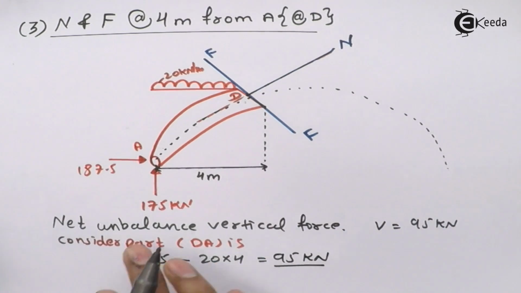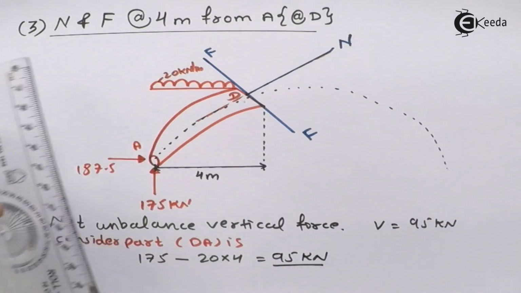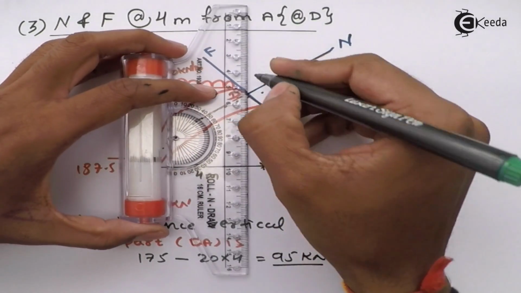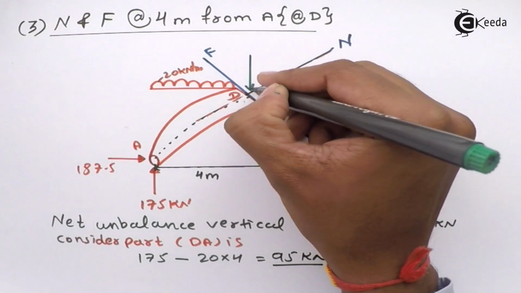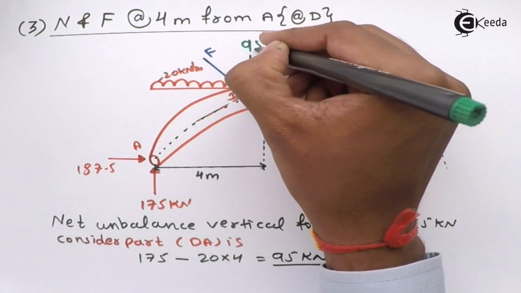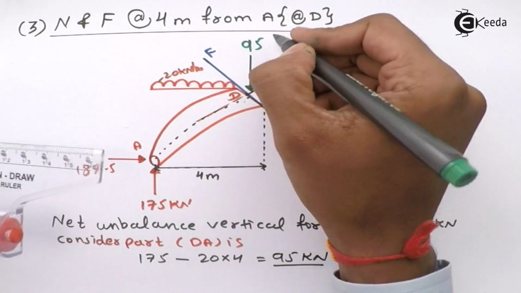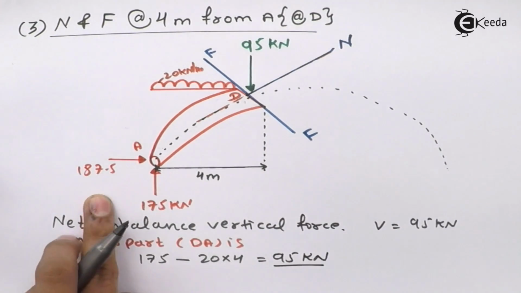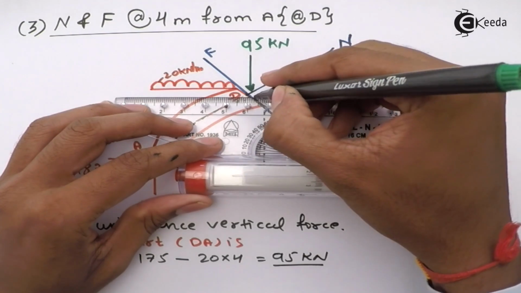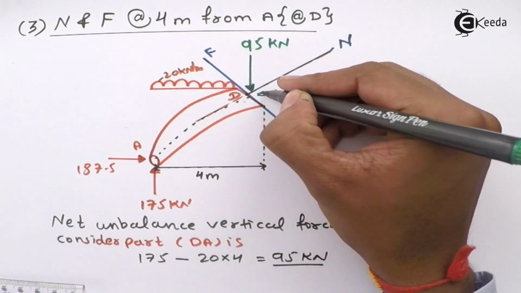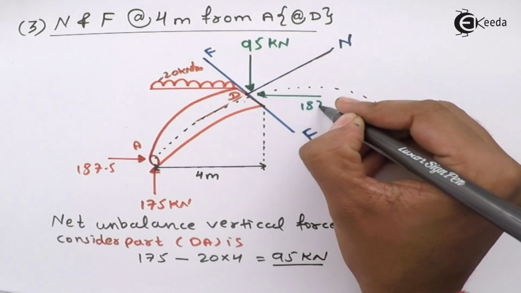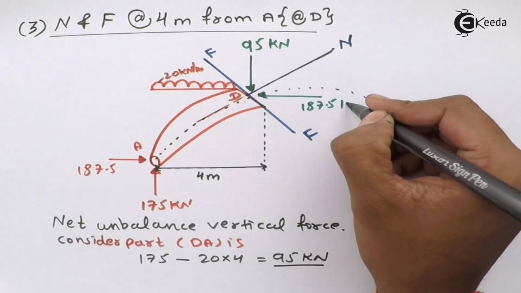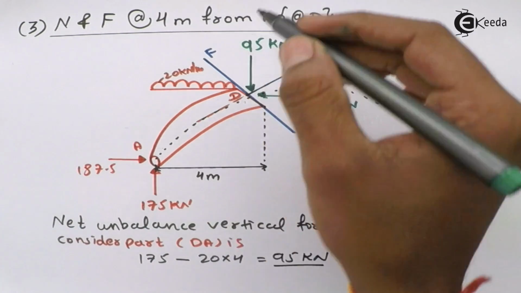So see, 175 is going upward, so V is coming from downward, so it will look like this, 95. And in H there is also only one load, 187.5. To balance this, okay, now see, why is this 95 coming downward?